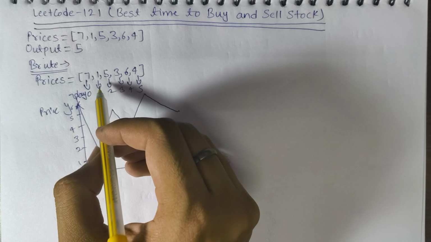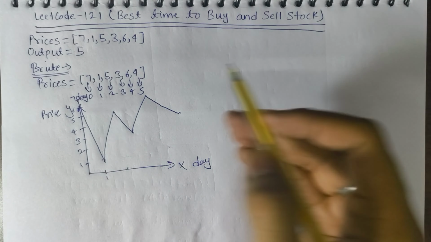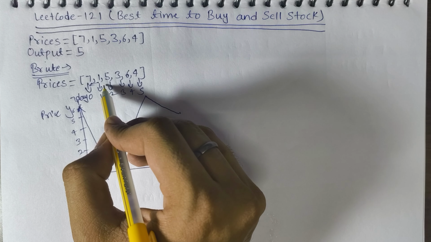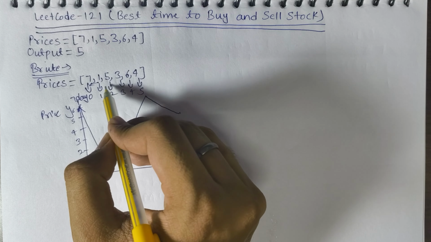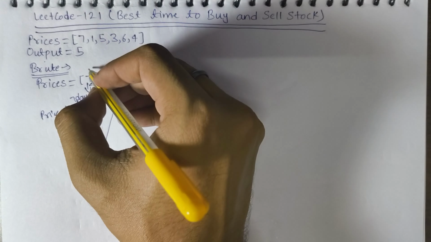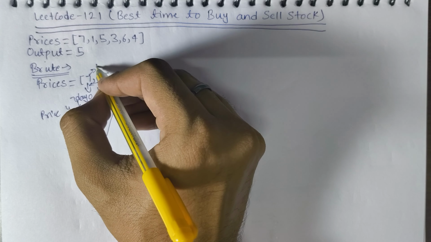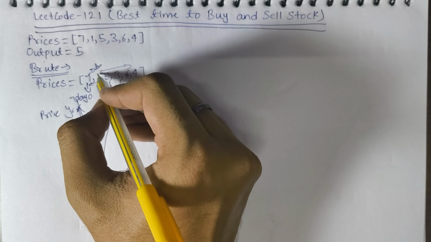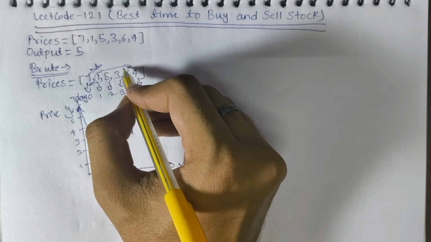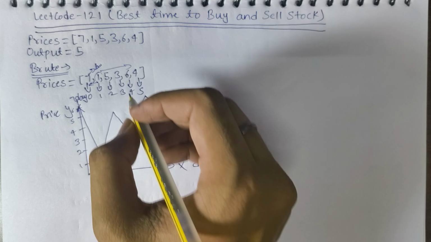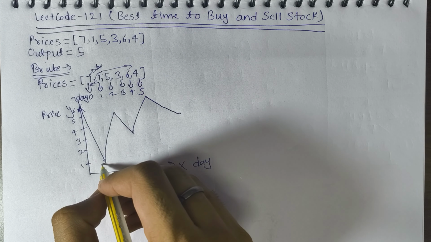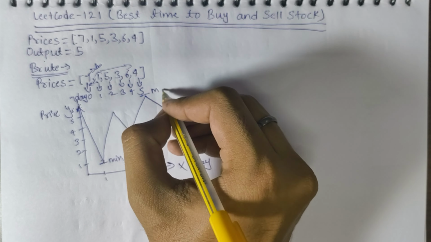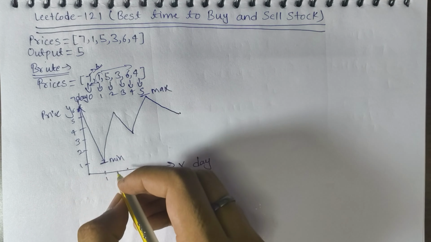And always remember, we sell only in the front of the array, not behind, because we sell the stock in the future, not in the past. Like if we take 1 as the buy cost, then we go to the front, not to the back. So it is the minimum and we should sell at the max, so we get the maximum profit.